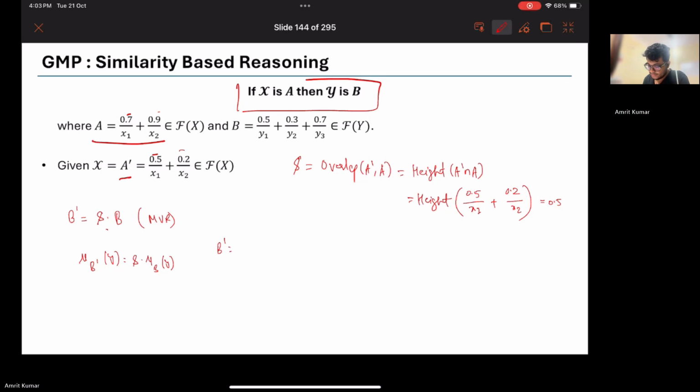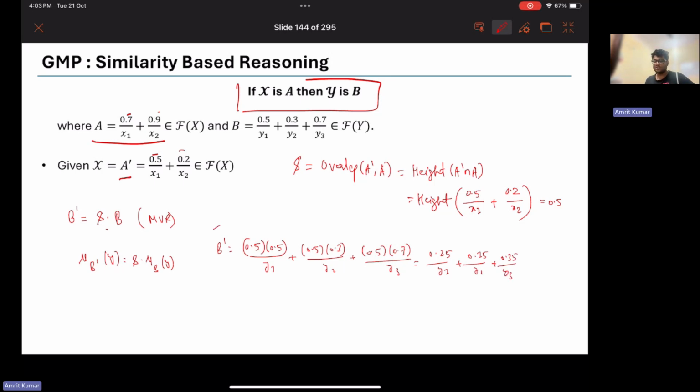So in other words, B dash is 0.5 multiplied by 0.5, 0.5 multiplied by 0.3, okay? So this is what you get as your output fuzzy set when maximum similarity and MVR modification scheme is used to perform similarity-based reasoning.